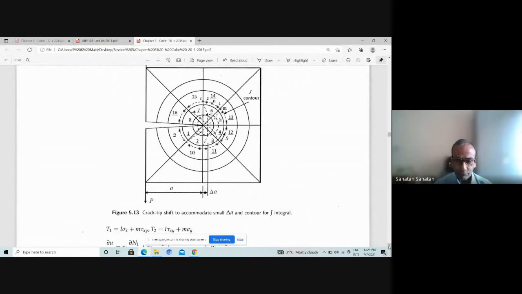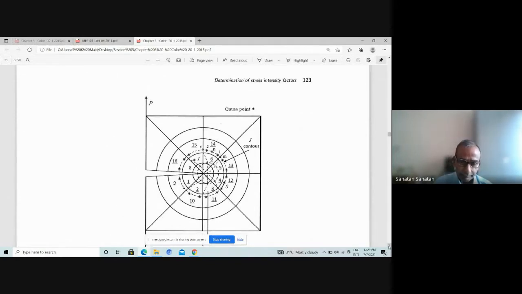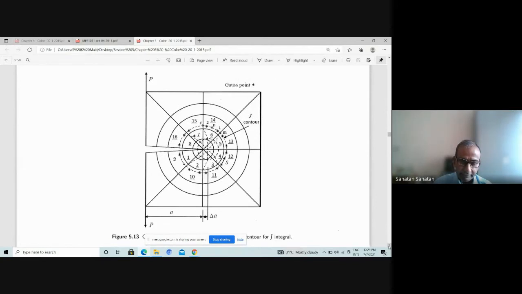We have a concentrated loading on the plate, capital P, acting at the corner, and then we have the discretization, which is shown there fully. That is the discretization with 4-noded elements, and I have discretized the whole domain.